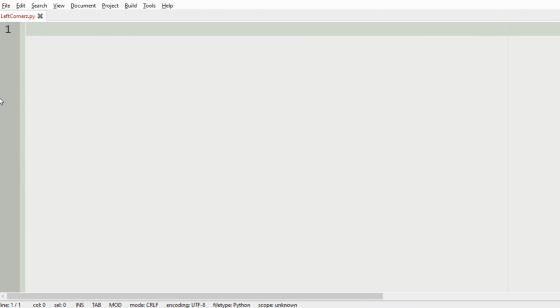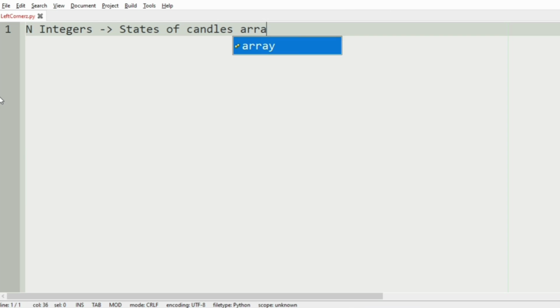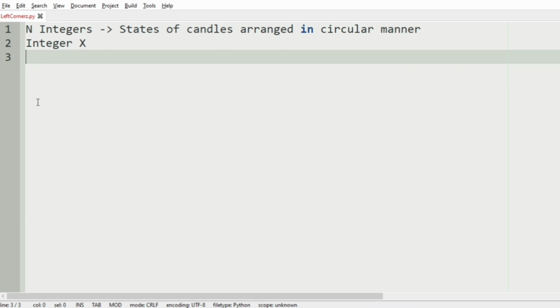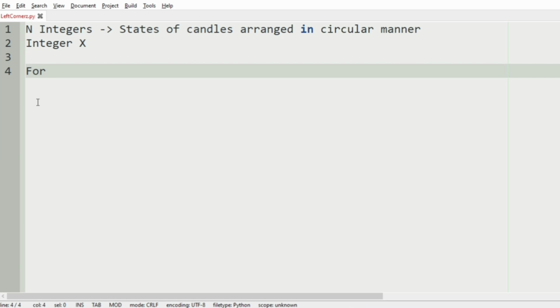First, we'll understand our question. The program has to accept n integers which represent the states of candles arranged in a circular manner, and also the program must accept the integer x.